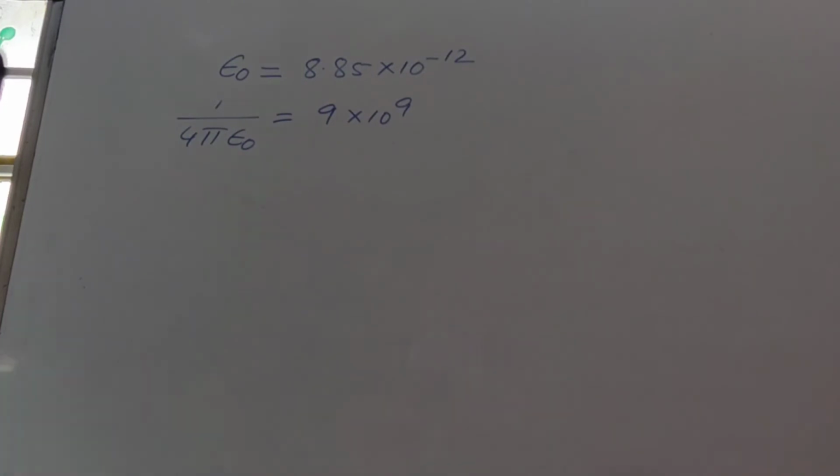Here 1 by 4 pi epsilon naught is the proportionality constant. We have to remember these two values: epsilon naught is 8.85 into 10 power minus 12, and 1 by 4 pi epsilon naught is 9 into 10 power 9.